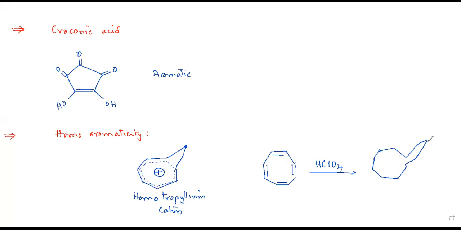Okay. Now this is the intervening sp3 carbon. Consider the delocalization only till this. Okay. These are the interesting examples for homoaromaticity. Next.